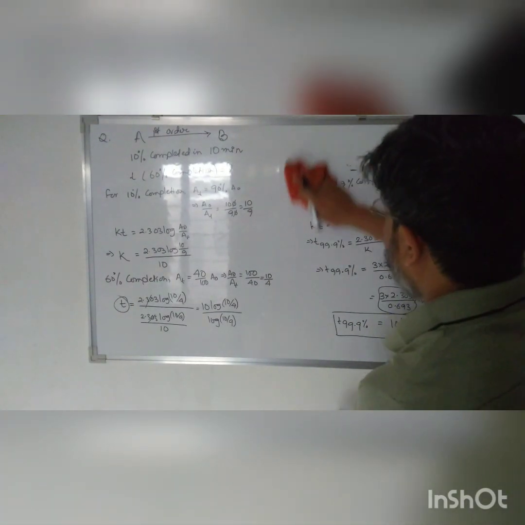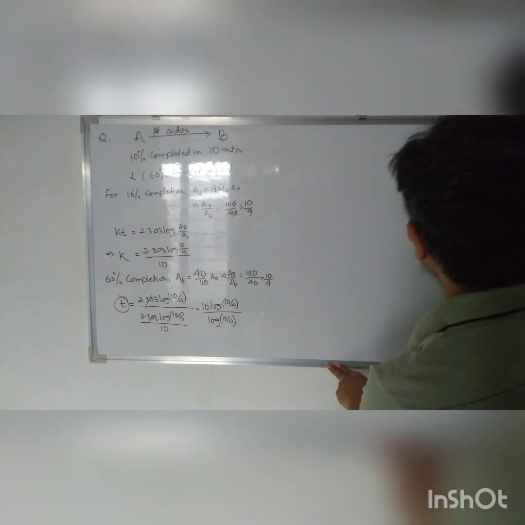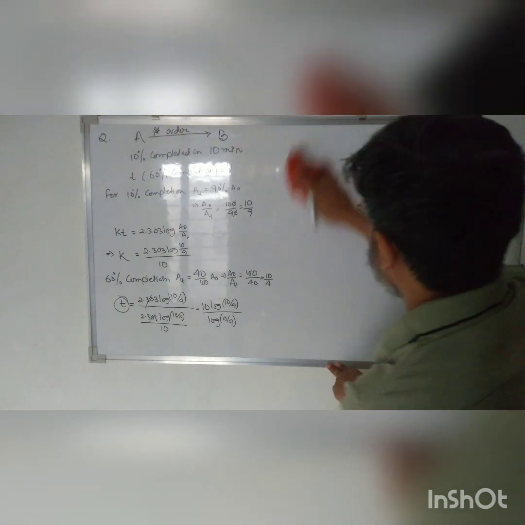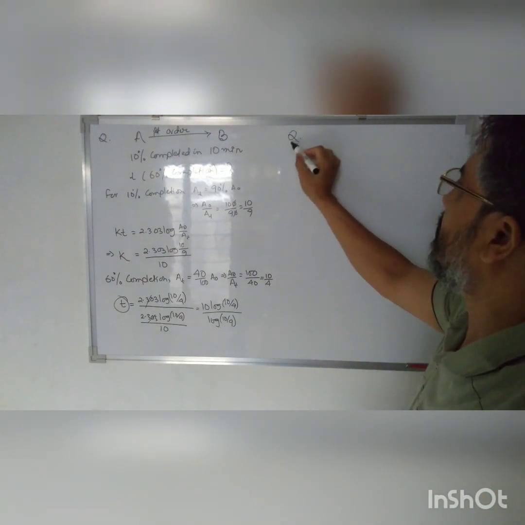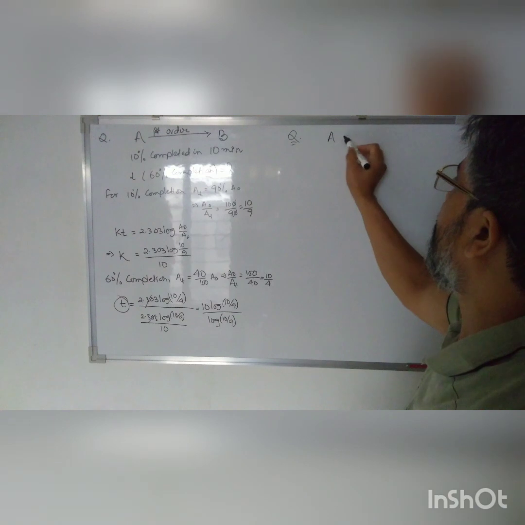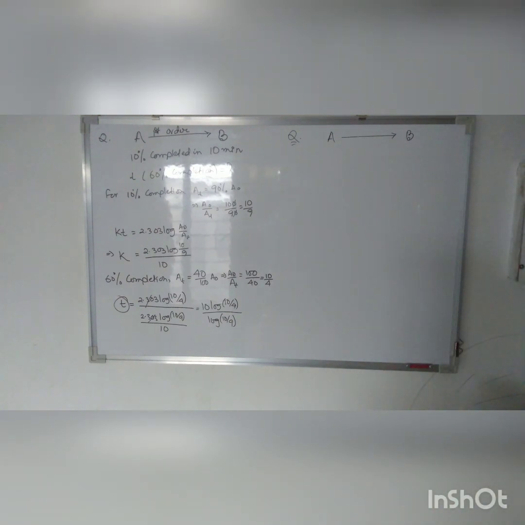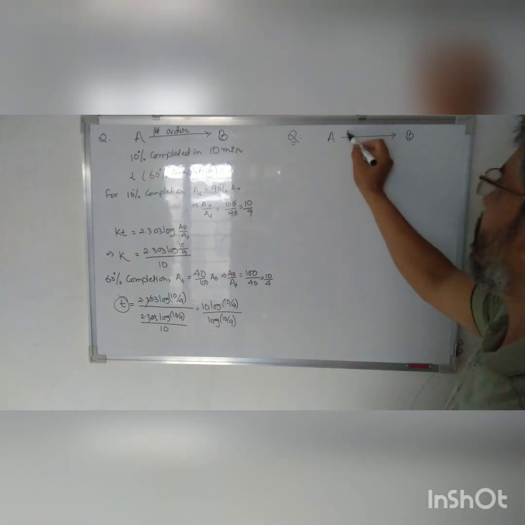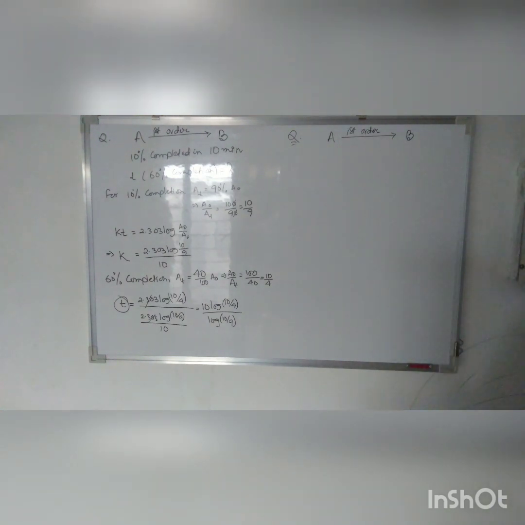We'll see some more examples for first order kinetics. I can take this equation. We have A changing into product B. This is a first order kinetics.